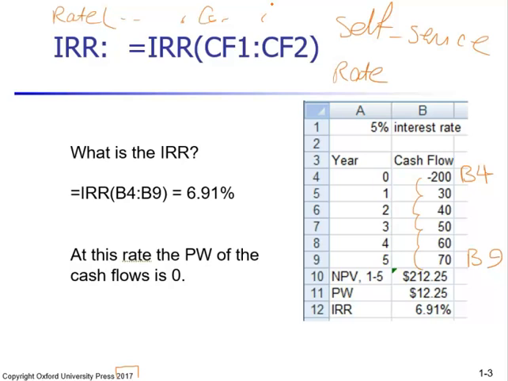For NPV, it is for 1 to 5. Present value would be 12, and IRR. All the calculations in one page. If you are running it on your system and you are getting another answer, something that doesn't make sense, contact me right away.